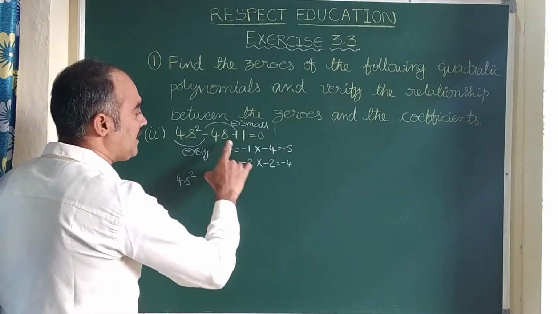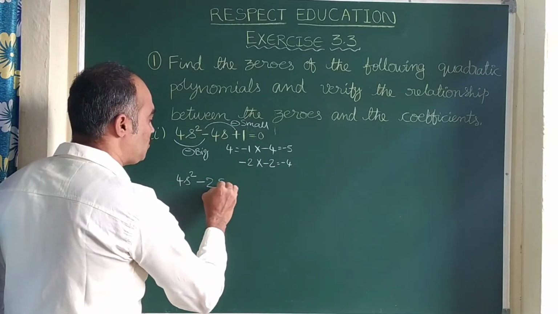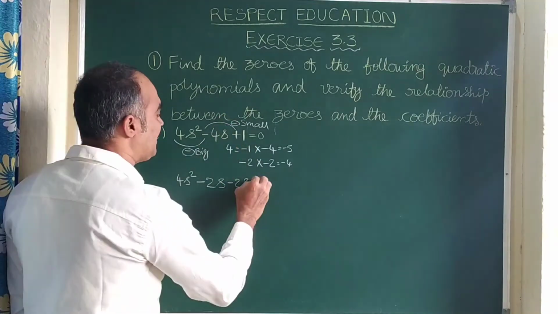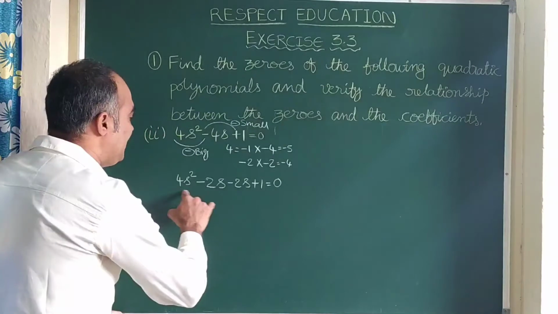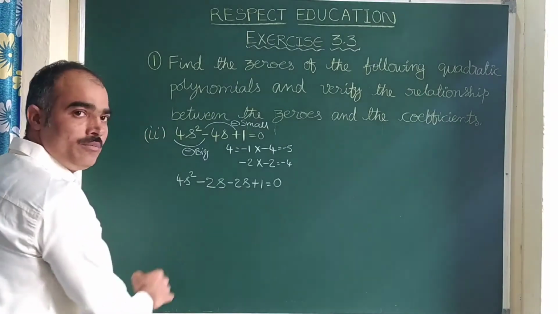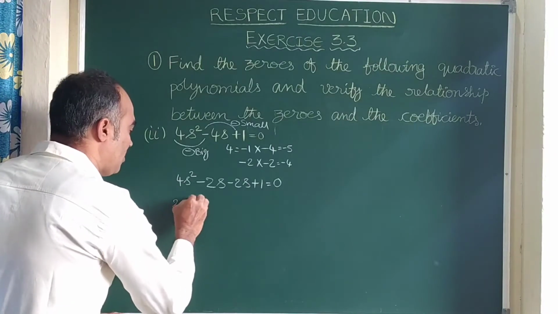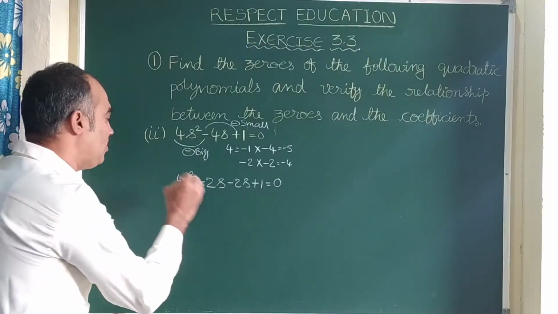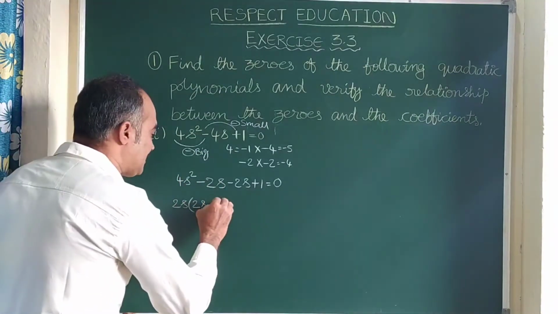Minus 4s can be written as minus 2s minus 2s. So this is minus 2s plus 1, let us write as it is, equal to 0. Now in the first 2 terms, 2s is common. So here you take 2s common. In 4s square, if you take 2s common, one more 2s is there, and here minus.